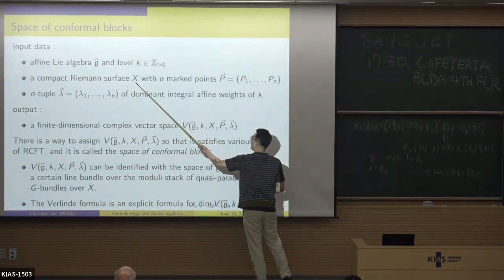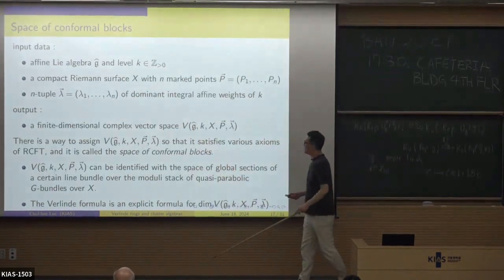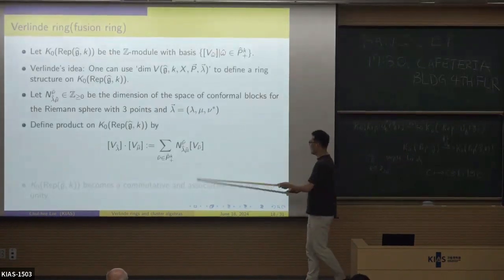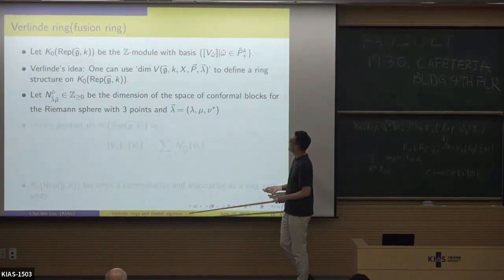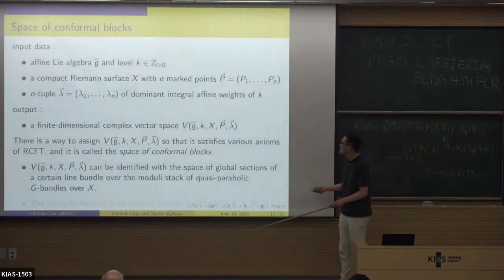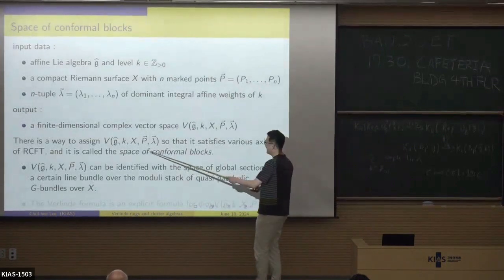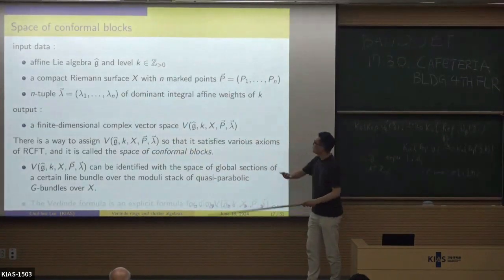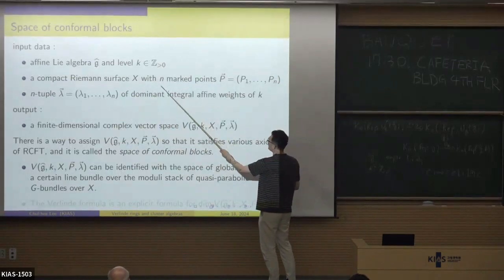Here I chose X and n points, and to really consider these kinds of properties or structures, as Phil-Sang said in the previous talk, associativity is a structure. You need to really consider the moduli space of Riemann surfaces with marked points.